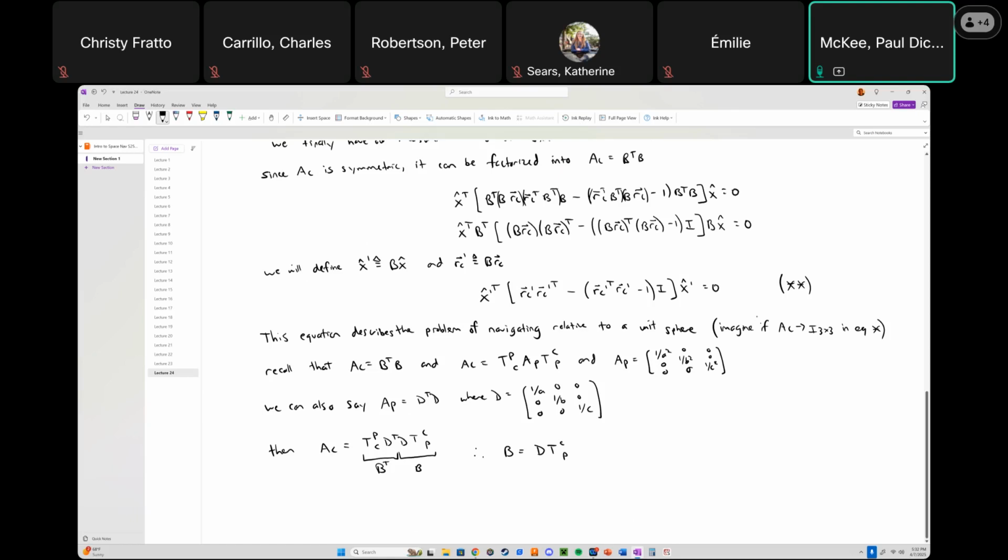But if we have RC prime, then we can go backwards and find what B is. So if we know what B is, then we can go from RC prime to RC, and that's it. That is the location of the planet in the image frame, which includes that all-important distance as well as direction, which is very, very crucial. So the next step is just how to solve the double star equation we've discussed here.